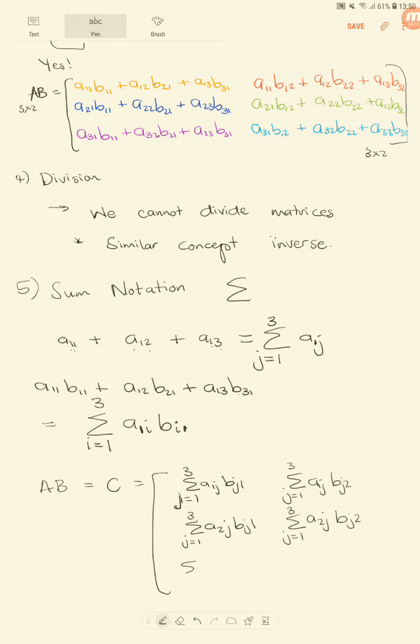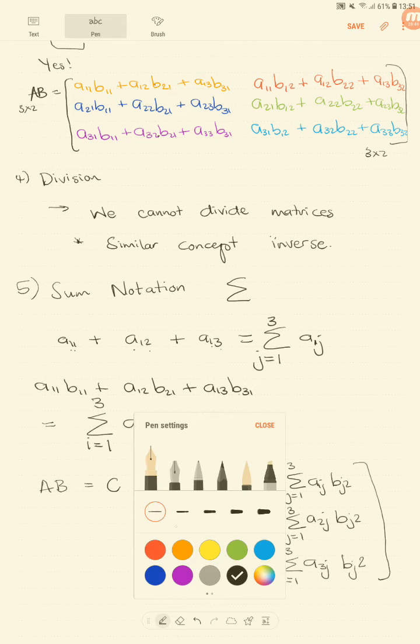And the final row would be the sum of j equal to 1 to 3 of A3j Bj1, and the sum of j equal to 1 to 3 of A3j Bj2.